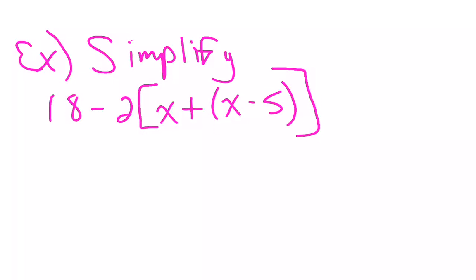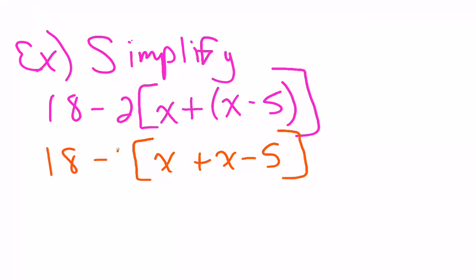We go to the innermost parentheses first and foremost. So we can't do anything with the x minus 5. There's nothing outside there. Technically there's a 1, but 1 times anything is itself. So on the inside of these brackets, realistically we can drop those parentheses. There's nothing much we can do with it. And so it will stay looking like so.